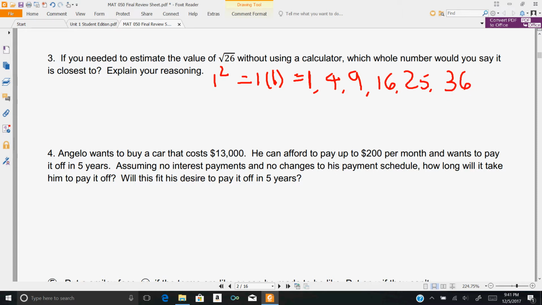And I can already see 26 is between 25 and 36. So I know that the square root of 26 is between 5 and 6.